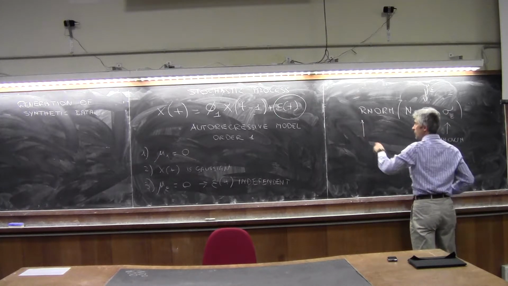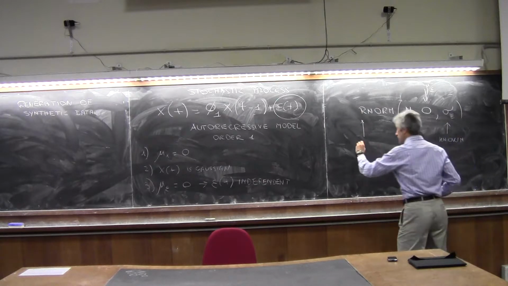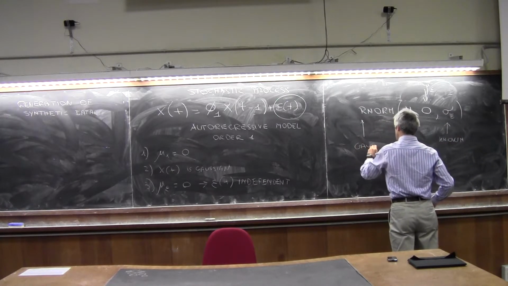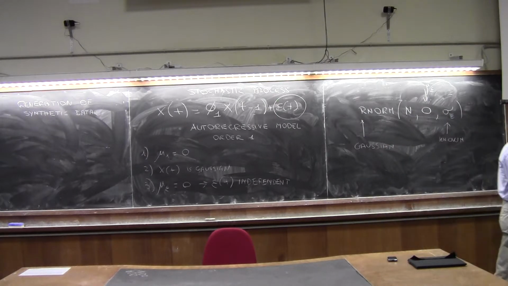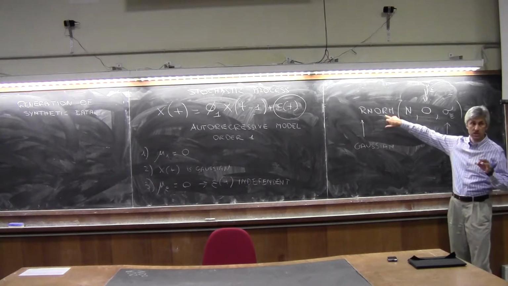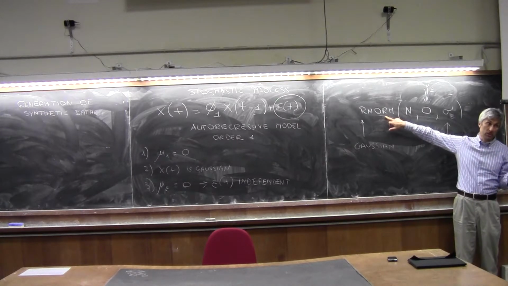And pay attention, why rnorm? Because it's Gaussian. So this is very easy. To generate epsilon, you have all the means to do that. Not only do you have the means, which is the function rnorm, but you also understand what you are doing.